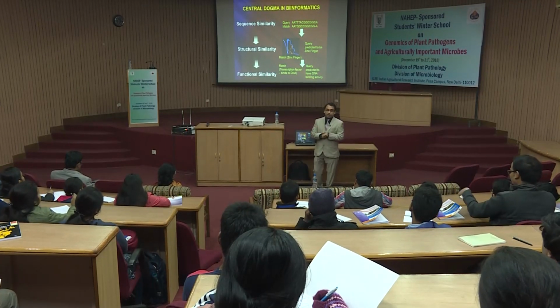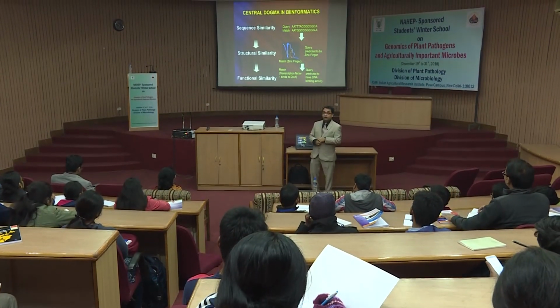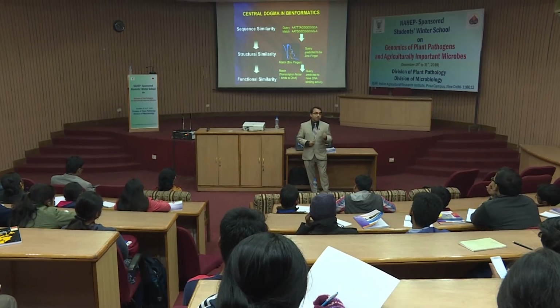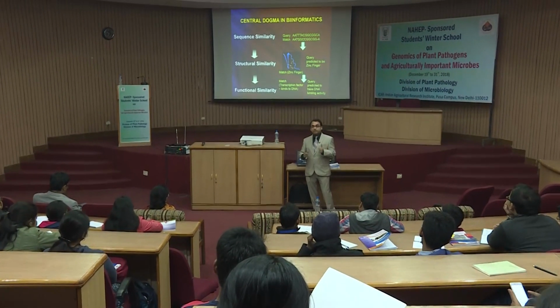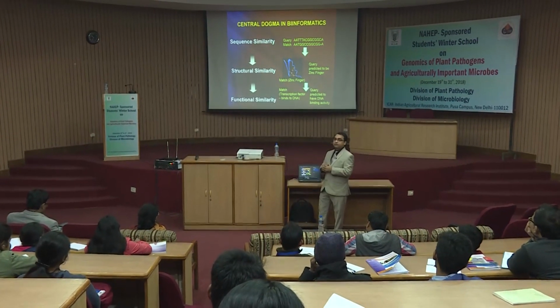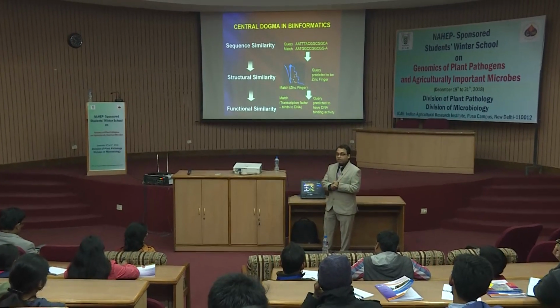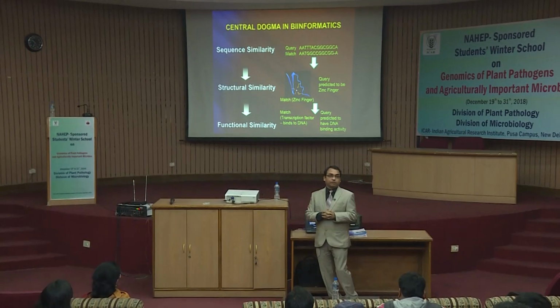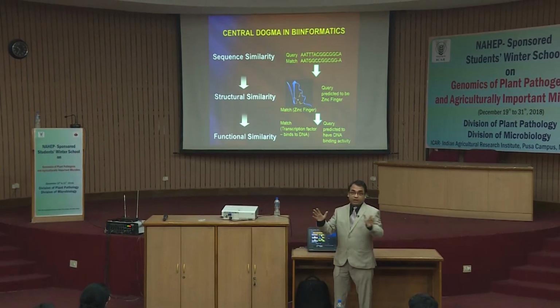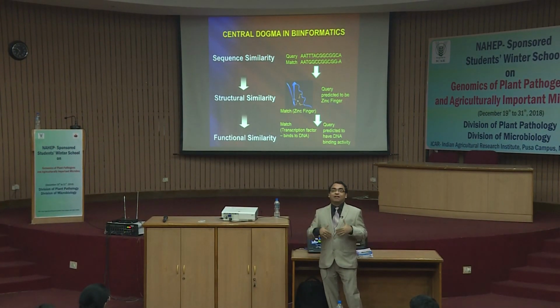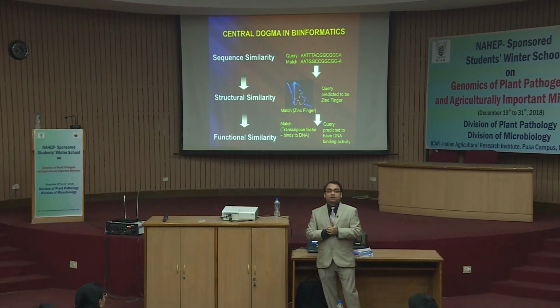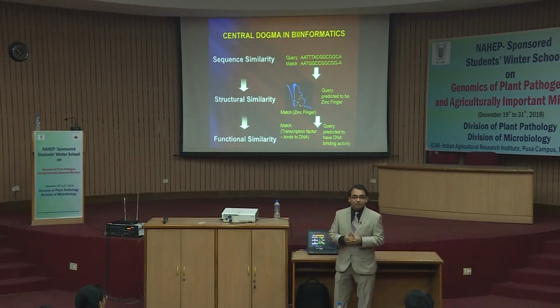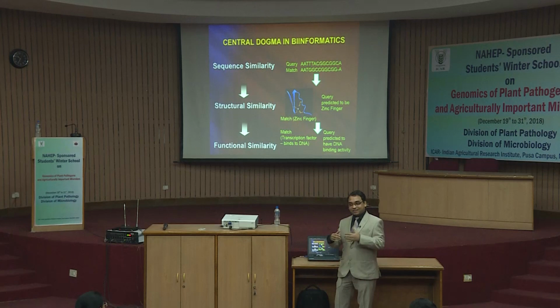So, if you have sequence information, you can predict the function of that sequence. This is the power of bioinformatics. Just by analyzing the sequence, we are able to know the function of that sequence. Clear? If it is not clear, you stop me and I can explain more, because it is a student-centric program. It is not just giving a lecture from one side; you can stop me and ask me.